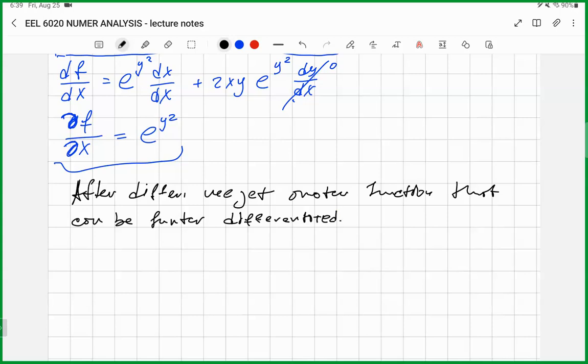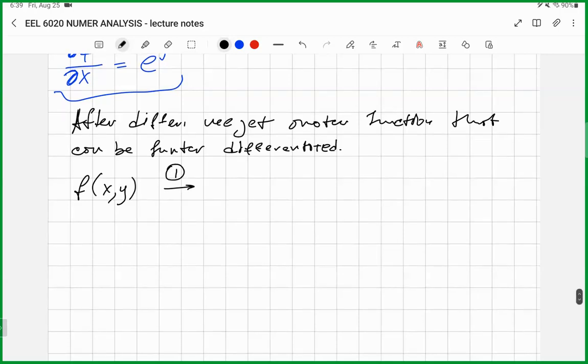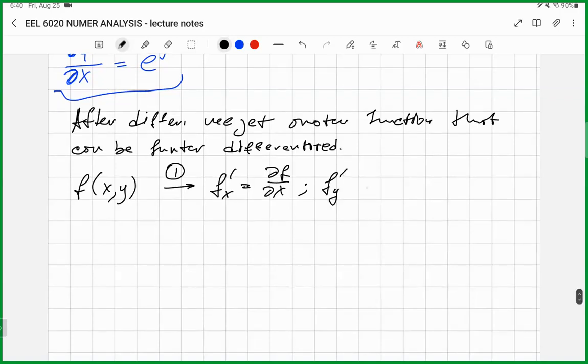And that brings the concept of second order and third order differentiation. For example, if I have a function f of x, y, then the first order differentiation could be f_x, which is df over dx, or f_y, which is df over dy.